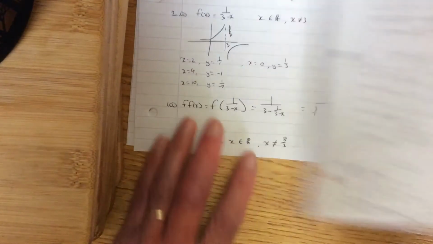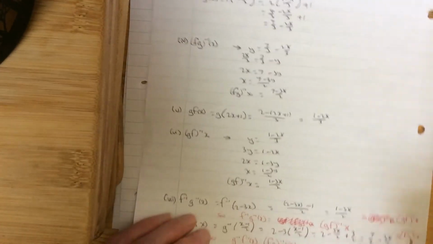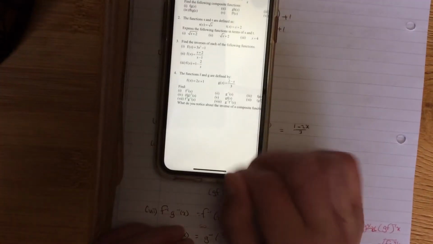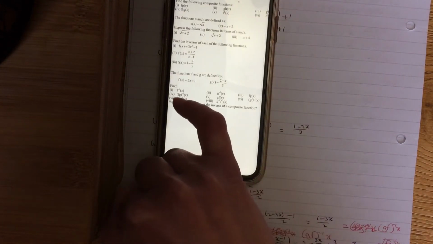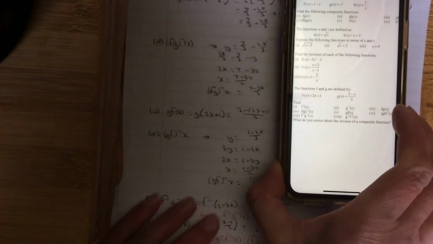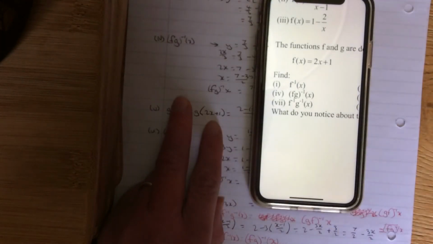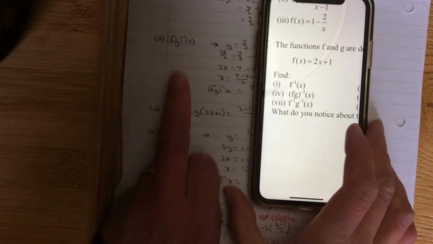And so on. The next one, number 4, was just doing a mixture of things here. So find the inverse, should be straightforward enough, find the inverse, put g into f, and when we look down here, one that you will want to look at is number 4, just making sure you understand that.